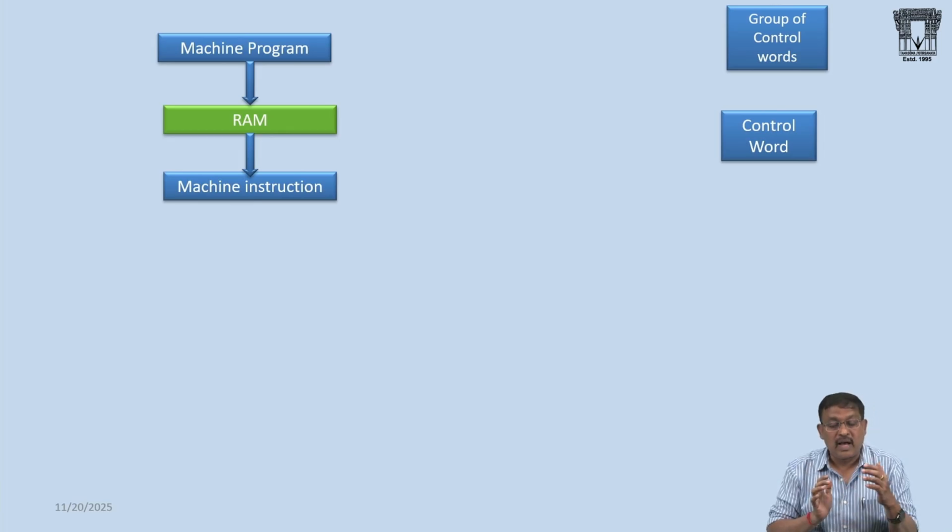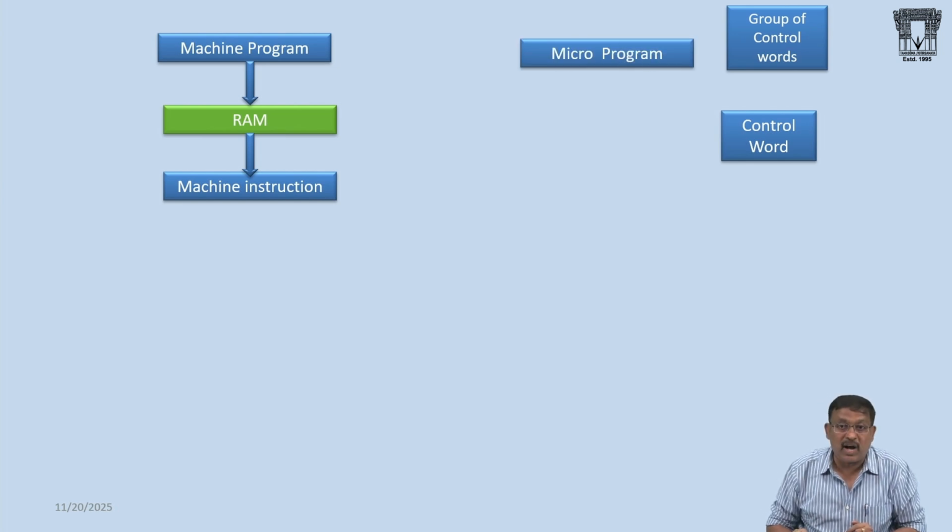You have already seen micro operations; I will explain it. A group of micro instructions is called a microprogram. Each micro instruction is represented in the form of a control word, right?